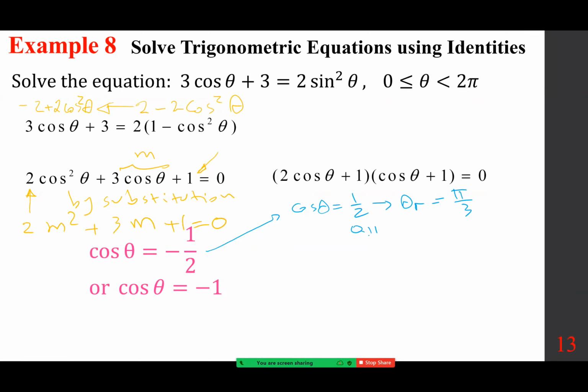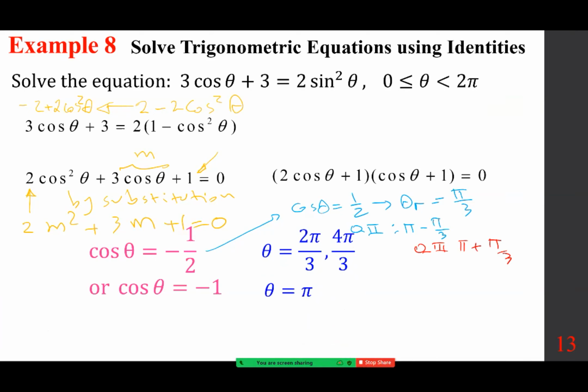In the second quadrant, pi minus pi over 3. And in the third quadrant, pi plus pi over 3. And we get 2 pi over 3, 4 pi over 3, and of course, theta equals pi.